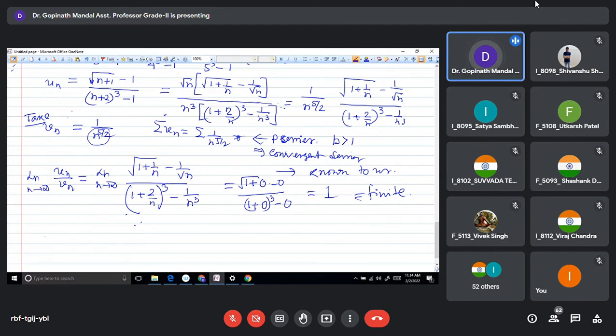Now we know that Vn is convergent. Since Vn is convergent, this implies un is also convergent by the comparison test.